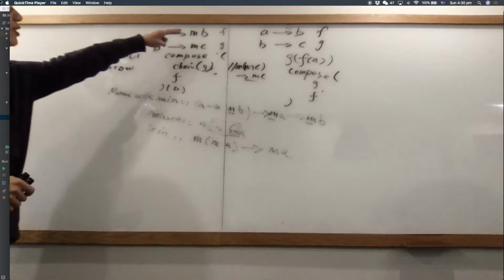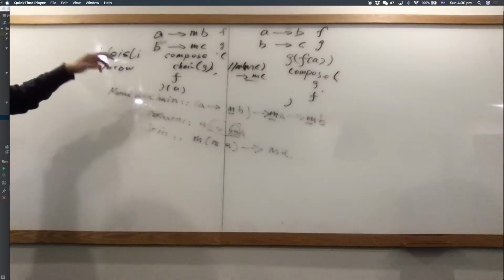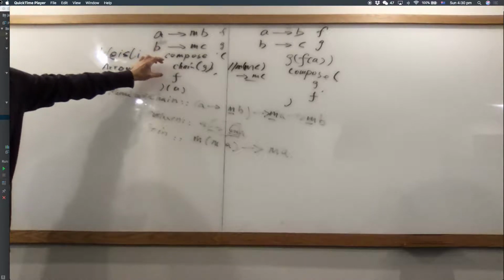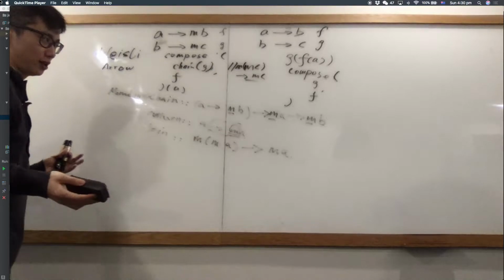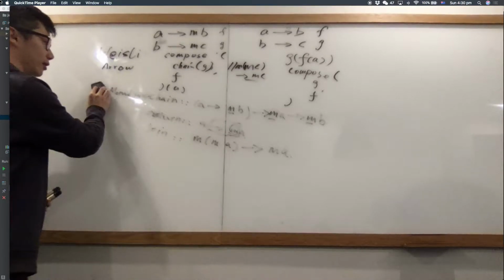So when you see this kind of signature, you know you need monadic composition. So that's already a third way to look at monad.